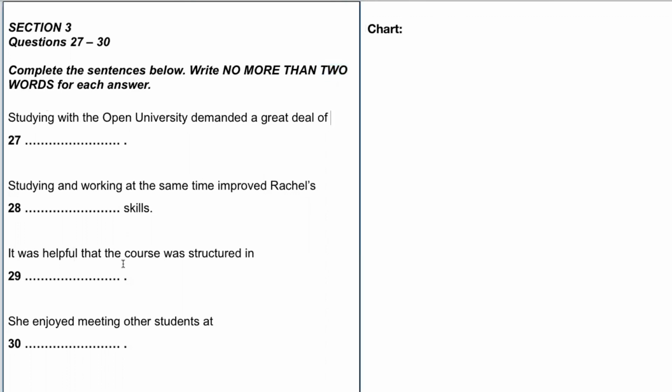So, like I said earlier in our explanation, the gap fills are at the end of the sentence. We do see one tiny exception in number 28, where we have the gap before the word skills. But for the most part, they are towards the end of the sentence. And this is actually a very common type of sentence completion question. Now, we're going to imagine that we have just heard the instructions. And so you can imagine that we have about 20 seconds to read our sentences, underline our keywords, and prepare ourselves.